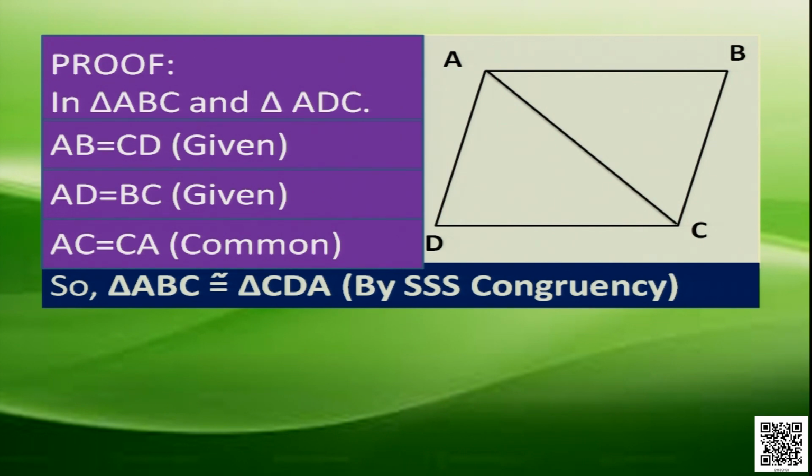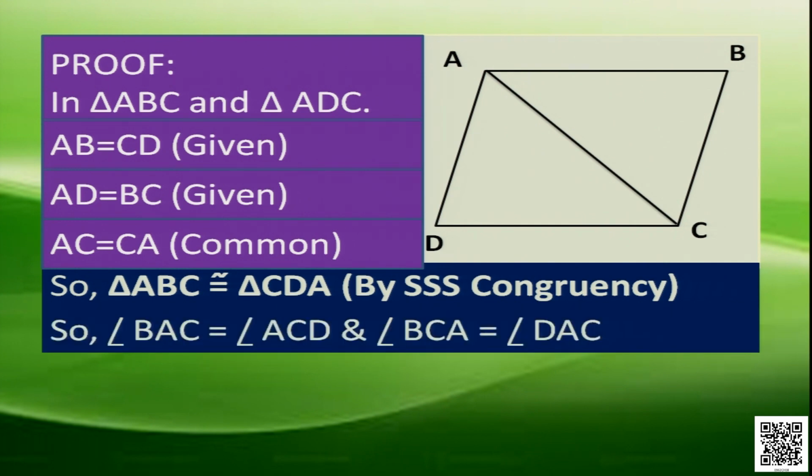Now, you see, as these two are congruent, their corresponding parts must be equal. So, we can write that angle BAC is equal to angle ACD and angle BCA is equal to angle DAC.